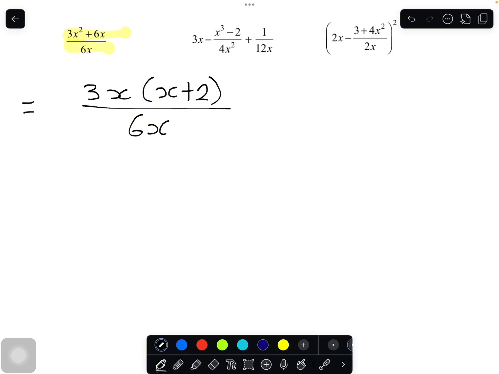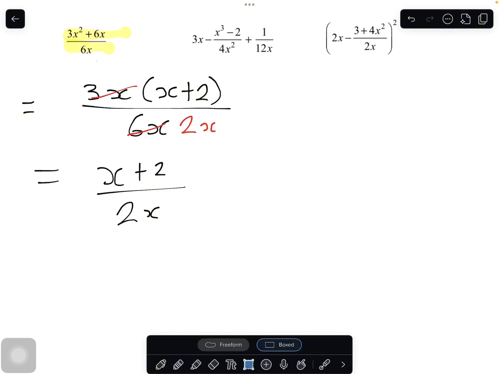Now, this simplification will happen. The 3x will cancel out. This 6x will now become a 3x. Oh, sorry, this 6x will now become a 2x. And then our final answer will be x plus 2 over 2x.